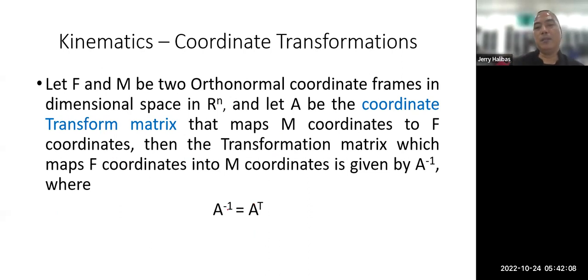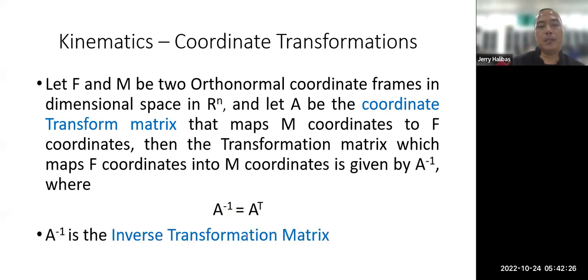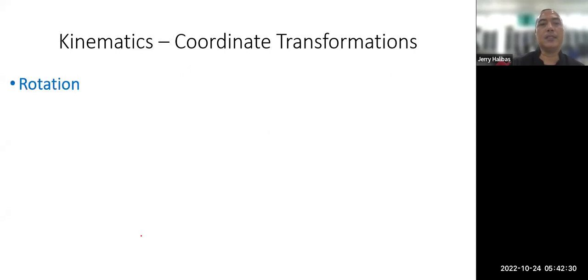Actually, you can always solve for the inverse matrix. You can Google the formula for inverse matrix. But in this case, it is also equal to the transpose. The inverse matrix is just equal to the transpose. So, that is one characteristic. Okay, so A inverse is what is known as the inverse transformation matrix.